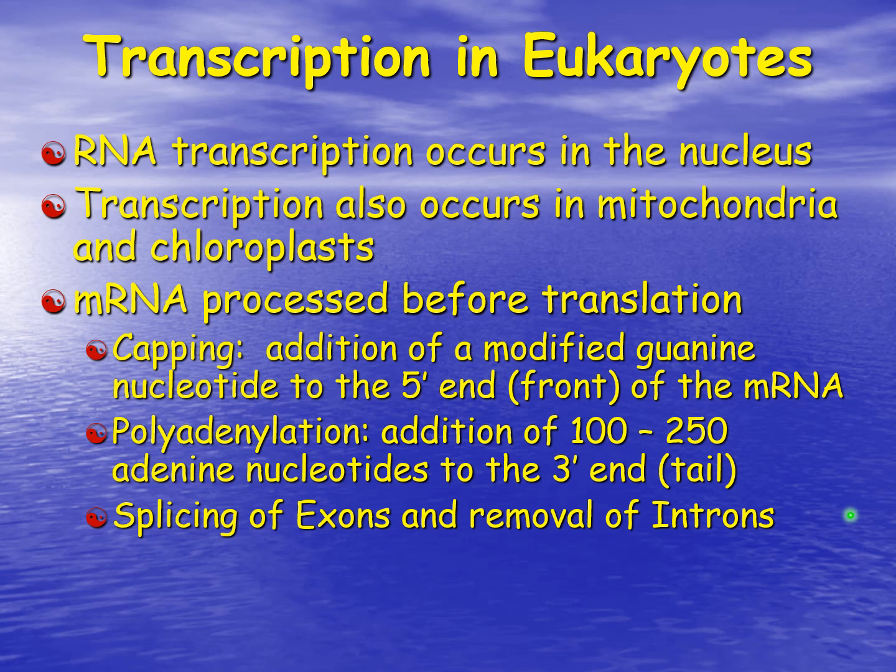The exons will be the actual coding portion. So before we translate the messenger RNA to a protein, we have to remove the introns and splice together the exons. The introns, these little pieces of RNA, will remain in the nucleus of the cell. The exons that are spliced together, that are the coding portion, will exit the nucleus for translation.